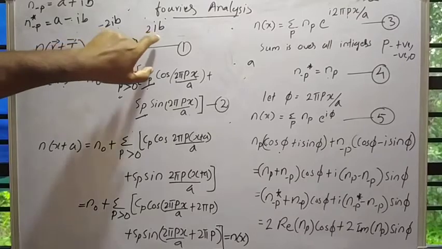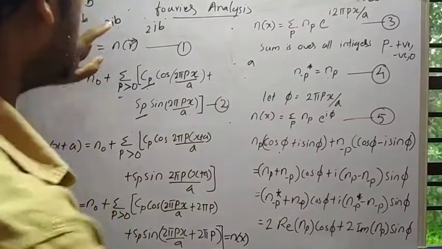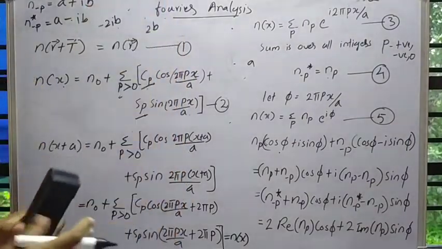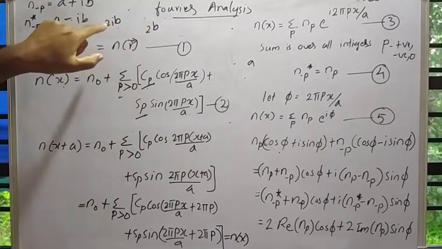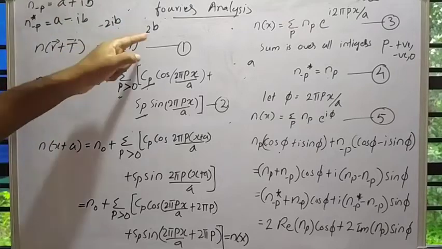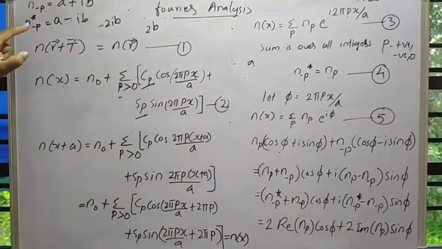If I multiply minus 2ib with minus i, I will get plus 2b, since minus i times minus i gives plus 1. So I'll get 2b. 2b means 2 into the imaginary part of n minus p star.